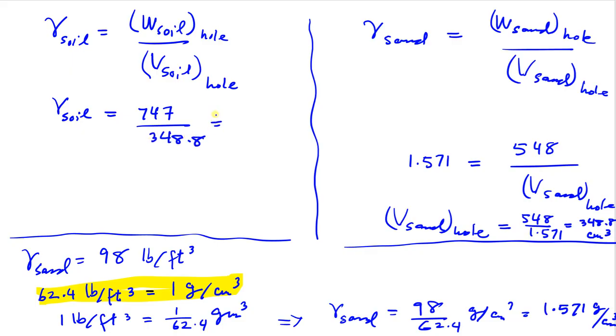When you calculate, this gives us 2.14 gram per centimeter cube. So gamma soil, this is the moist soil with moisture in it, is 2.14 gram per centimeter cube, and the water content was 13.7%.